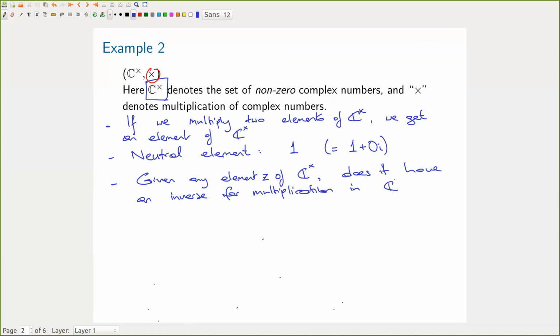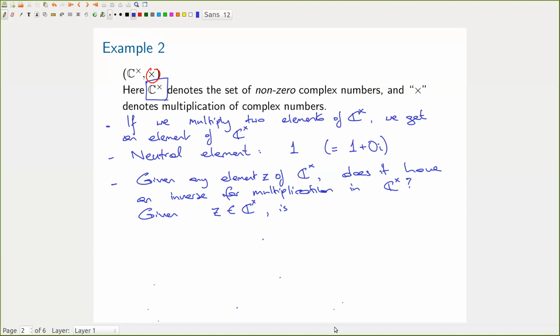And does that inverse live in the same set? In other words, given z, which is a non-zero complex number, what it would mean for it to be an inverse for multiplication would be something that would multiply by z to give the neutral element.